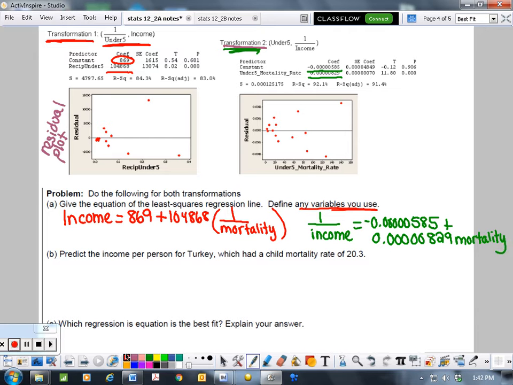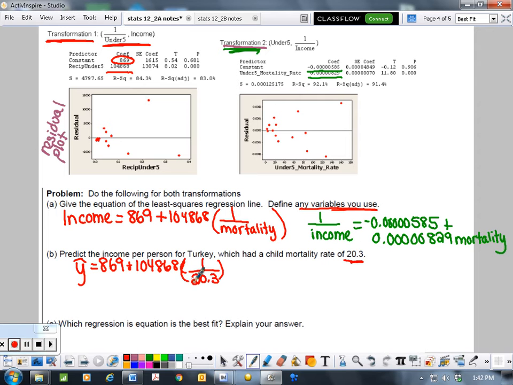So now what we can do is predict the income for a person from Turkey, which had a child mortality rate of 20.3. So I can predict my income. My y hat equals 869 plus 104,868 times 1 over 20.3.